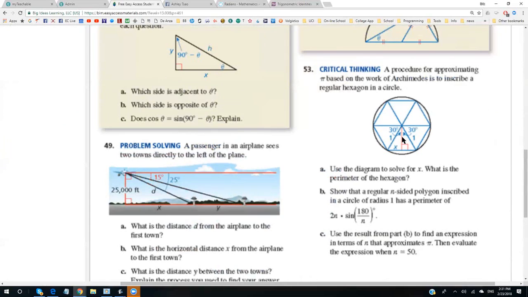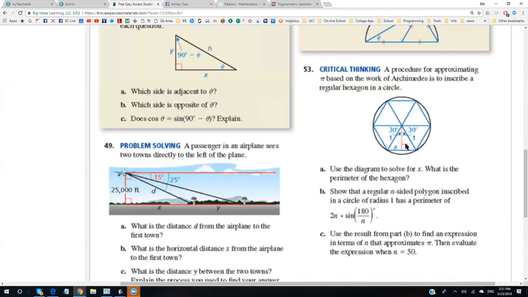Half theta, so the area for this, R is 1, right? If R equals 1, the area for this guy, one sixth of the hexagon, would be half R squared, which is 1 squared, times sine 60 degrees. That is square root 3 over 2.